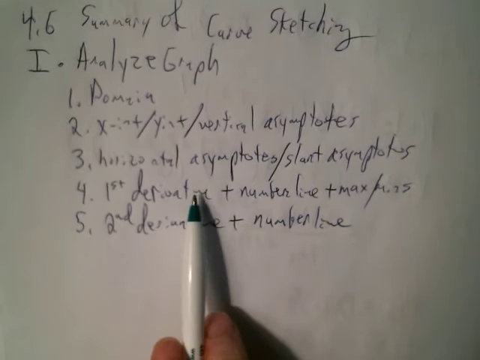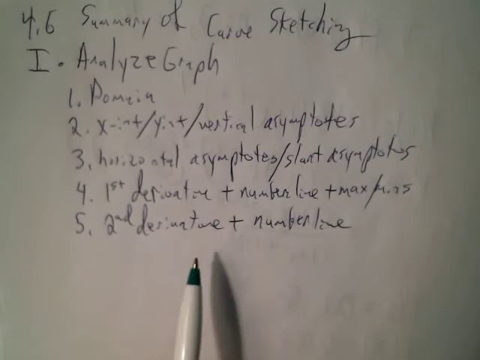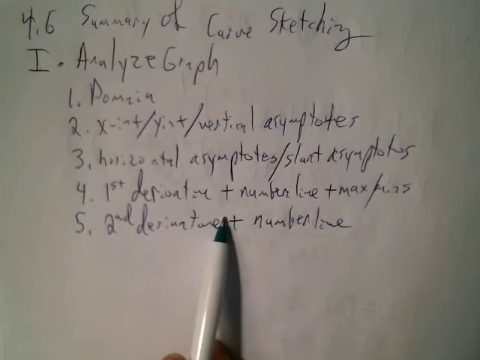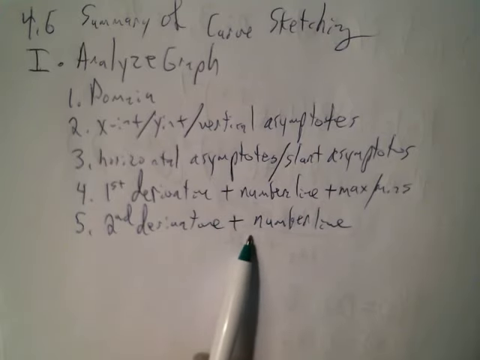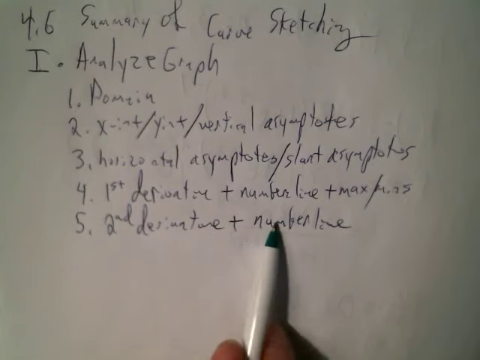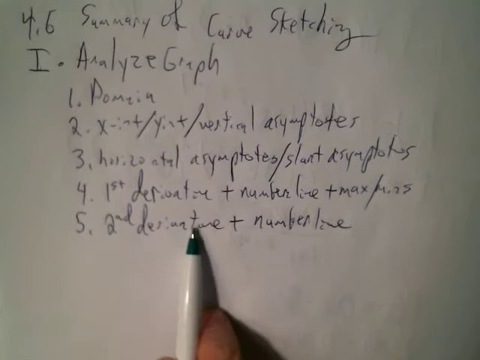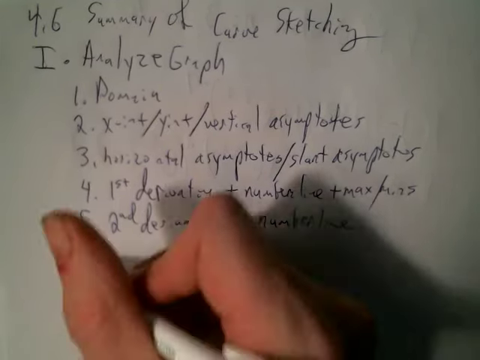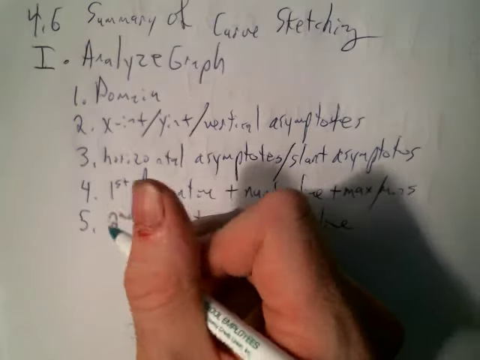And so with the first derivative, you should have your test value signs conclusions. For the second derivative as well, test value signs conclusions, and then concavity. That is the conclusion for the second derivative. Okay, what else do we need?